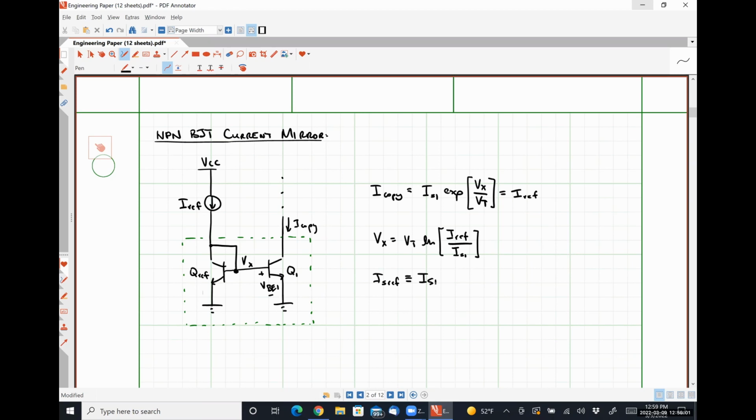And then transistor Q1 has the exact same base emitter voltage, which means it must be carrying IREF as well.